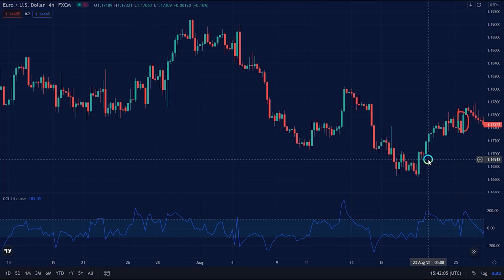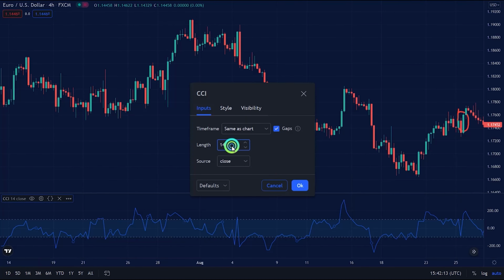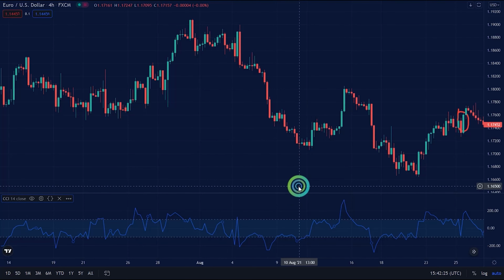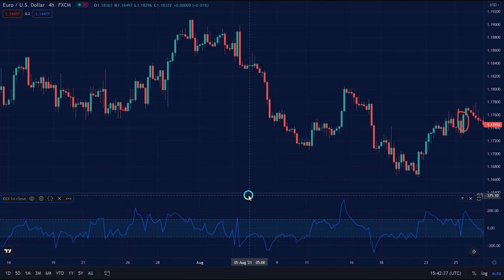And now let's start. So for this strategy, what you will need is a CCI indicator. Now, you have to adjust the CCI to 14 period, as I did, and you have to use the close source. When you have that, you can start to look for an entry of a buy trade or a sell trade.